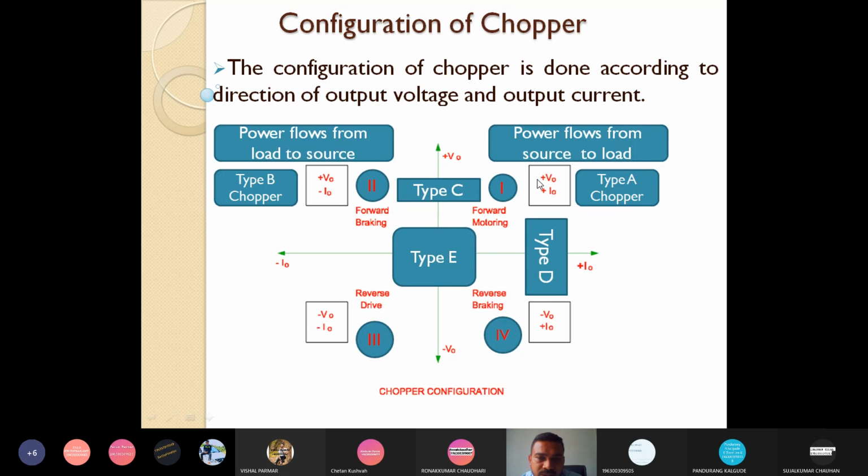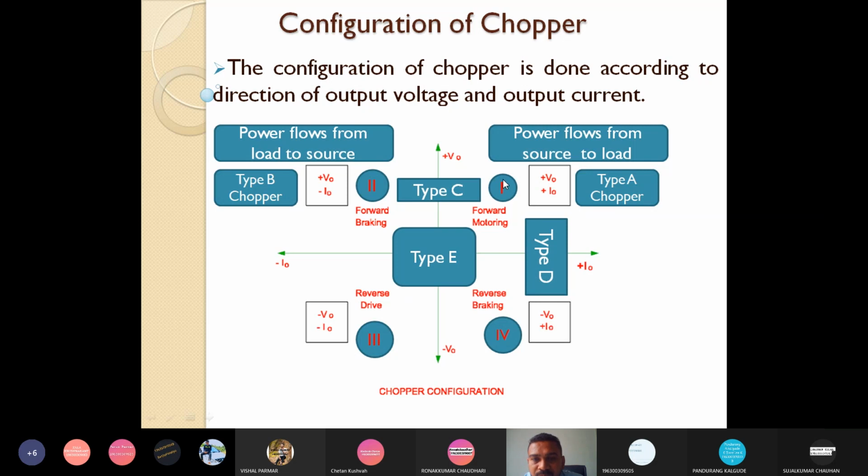So this type D chopper operates in two quadrants. It is also known as the two quadrant chopper, and it operates in the first quadrant as well as in the fourth quadrant.